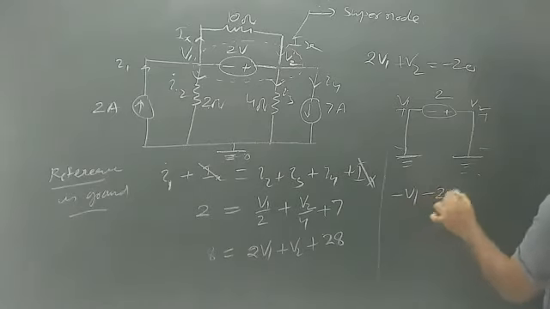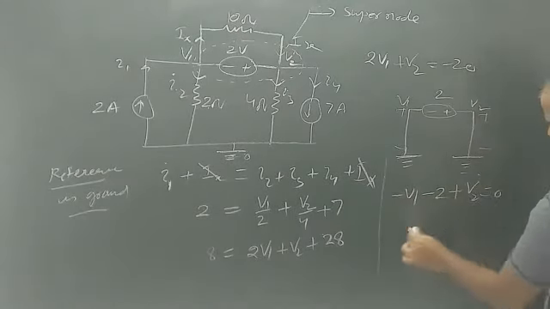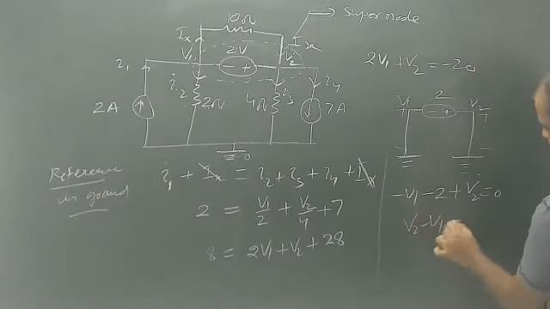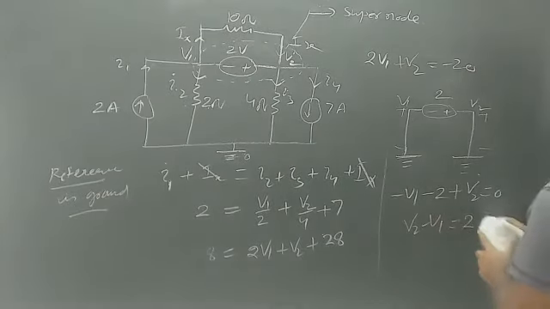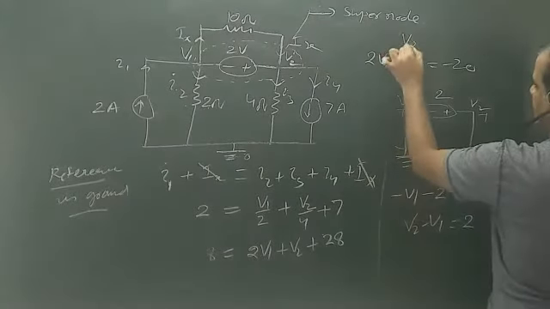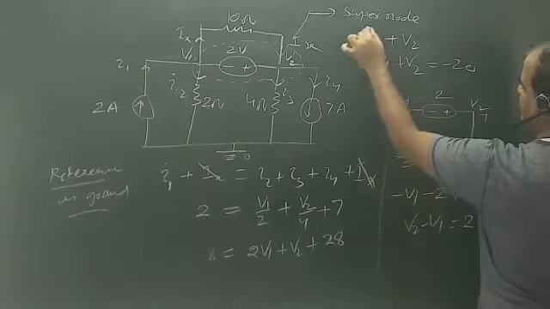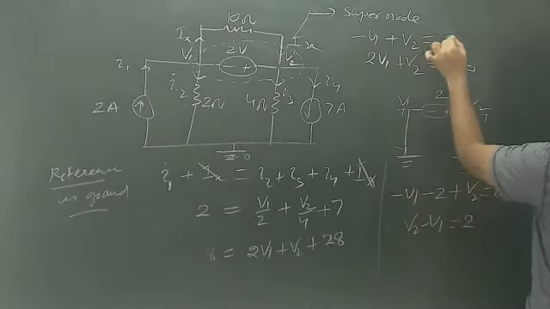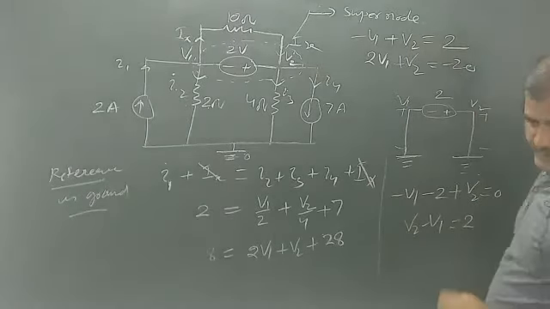So this is -2, and now plus minus plus v2 equals 0. That means v2 minus v1 is equal to 2 volts. So now you have v2 minus v1 equal to 2 volts. Now you can solve the equations.